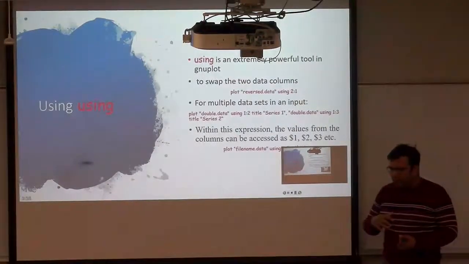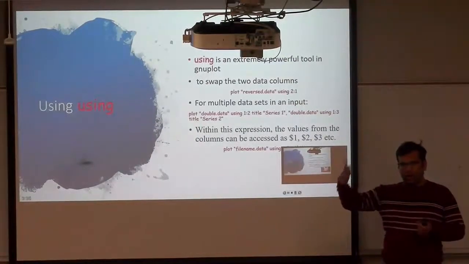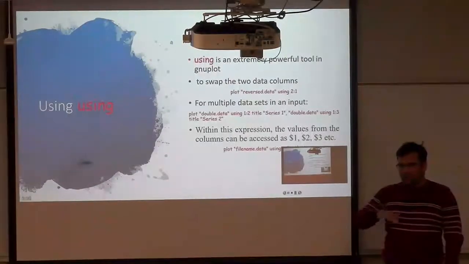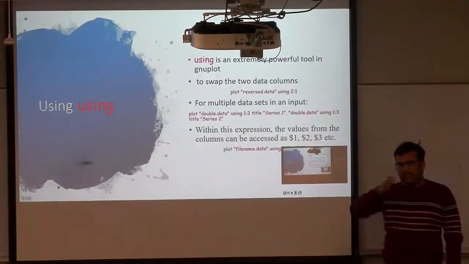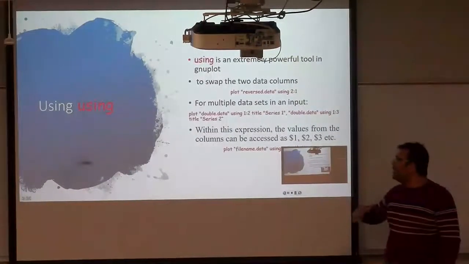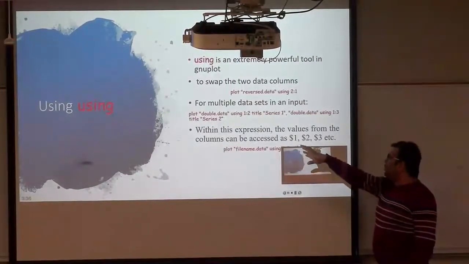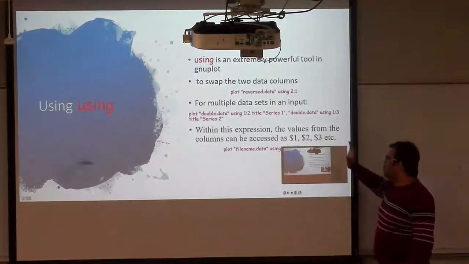Suppose I have 3 columns and I want to plot 2 curves at a time, keeping the independent variable on the x-axis. One curve should be 1:2, and the second curve should be 1:3. Then things are pretty simple. I am just giving one command, like plot the file name using 1:2, and I am giving the title series 1.